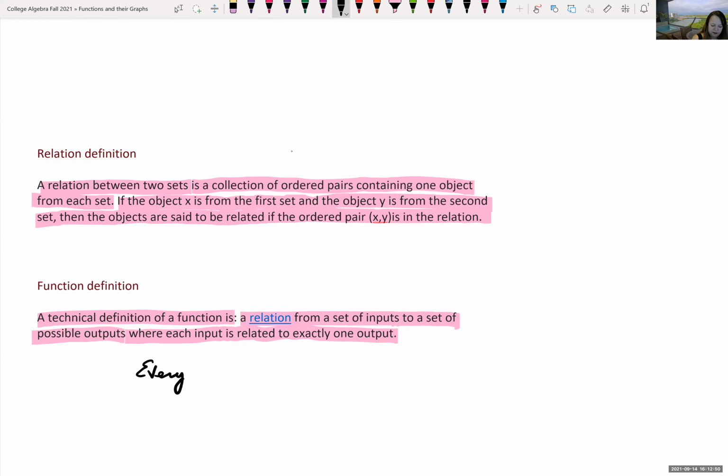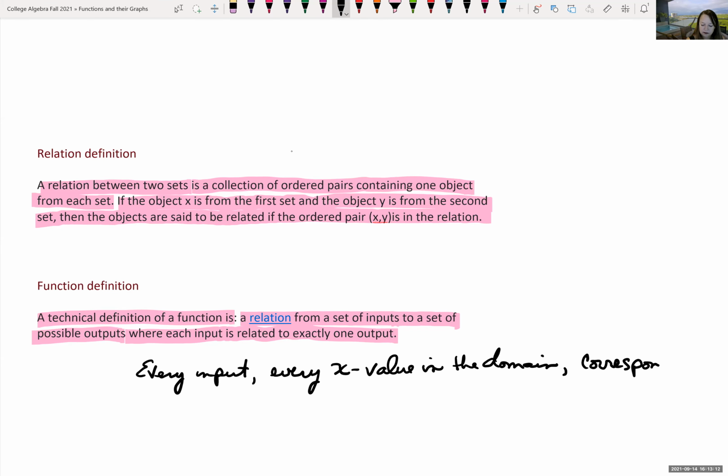So every input, or every X value in the domain, corresponds to exactly one output, which is the Y value, which is our range.